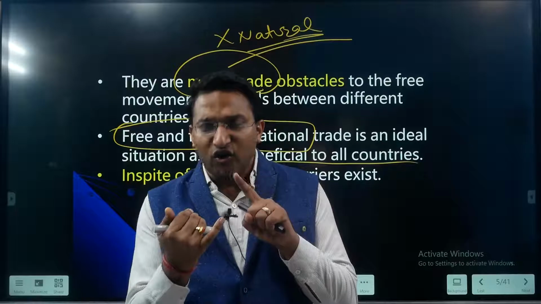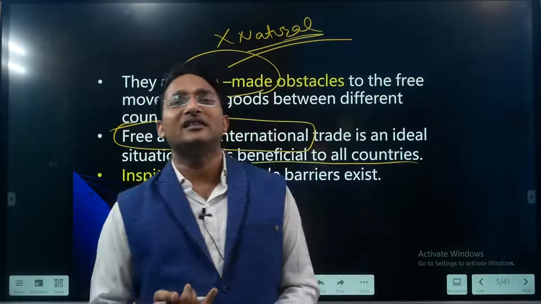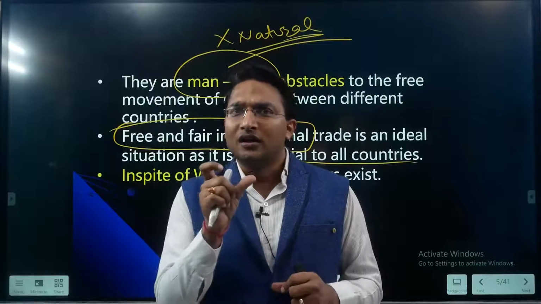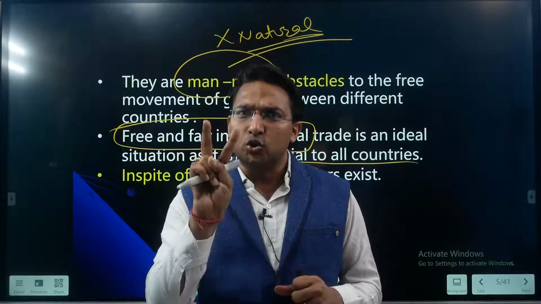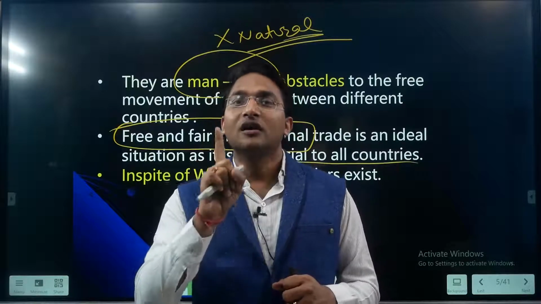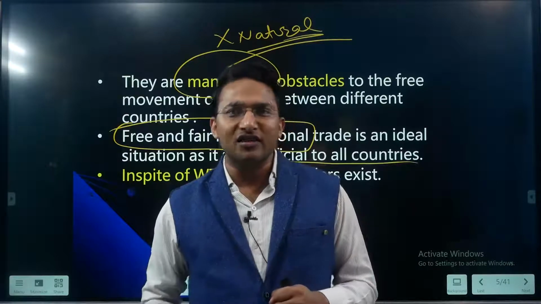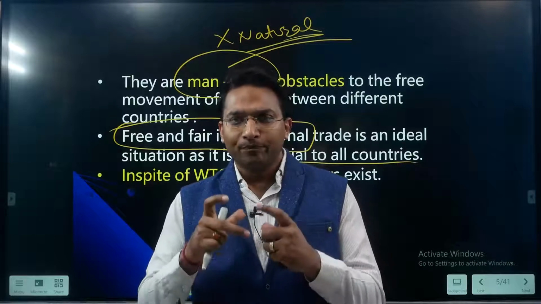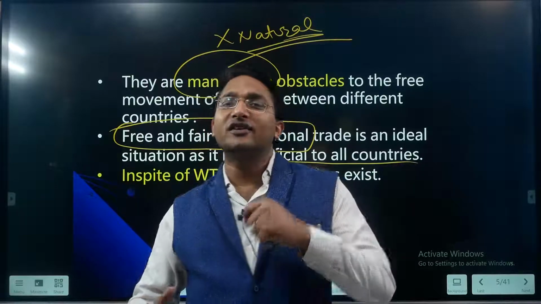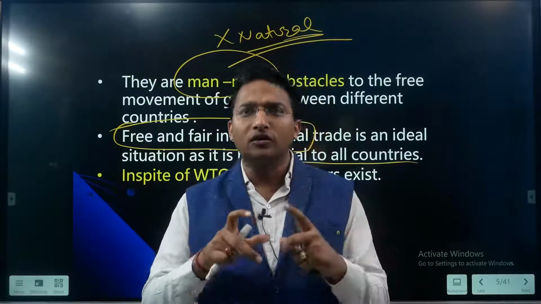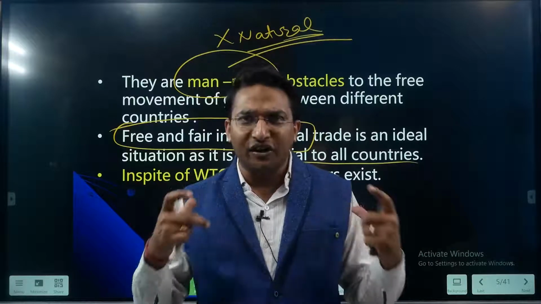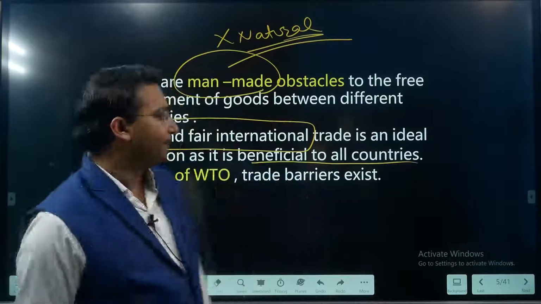It is in the benefit of the businesses as well as the consumers. Consumers benefit because two things are available: first, better quality of goods and services, and second, low cost of goods and services. So both sides of the trade are benefited.